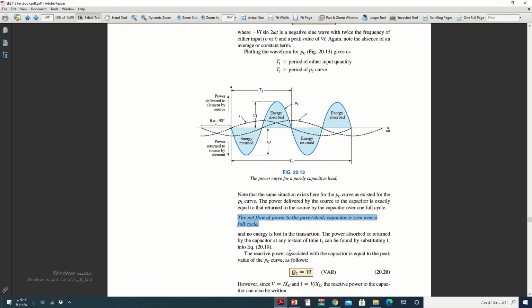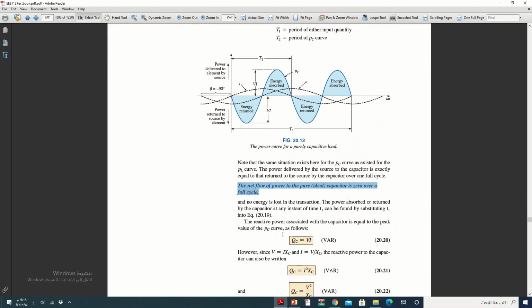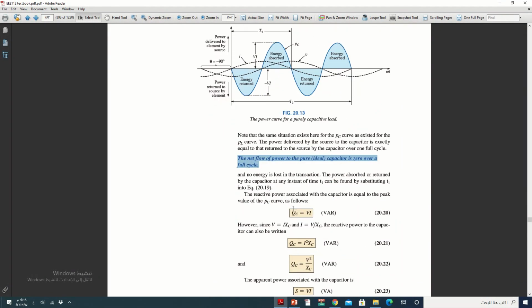We can apply the same formula for reactive power in the capacitor, which is QC equals V multiplied by I multiplied by sine, but you know that sine of minus 90 is minus 1.